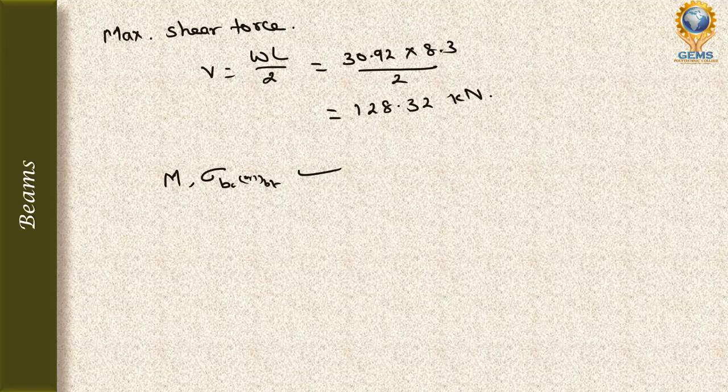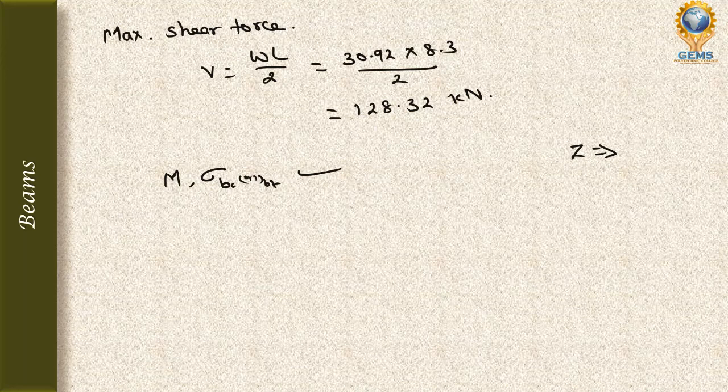So how can we choose the section? We find the required section modulus, and we check that section modulus with the two available members, and we can choose any one member that can be used as our joist.